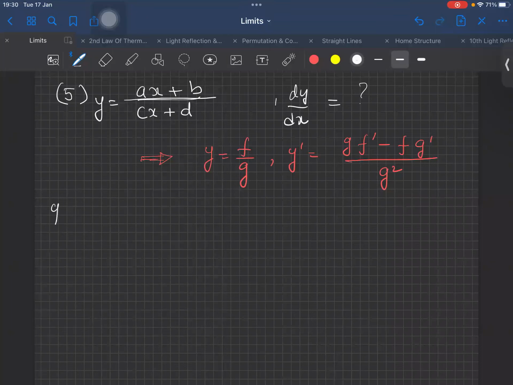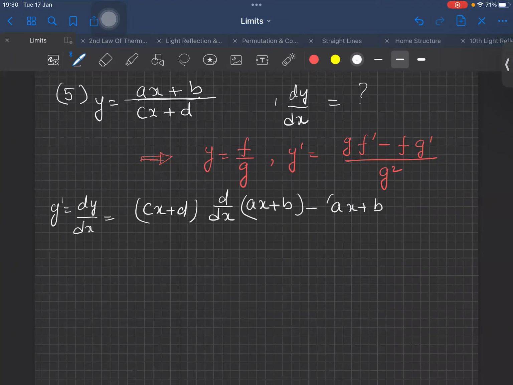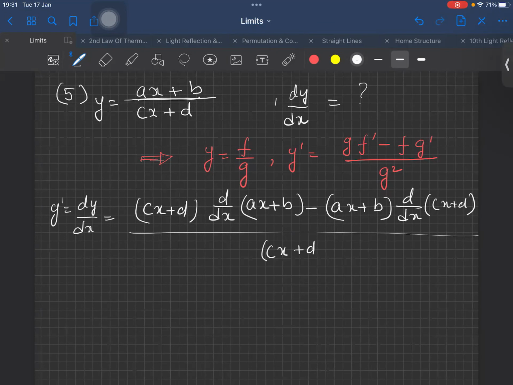See, y dash, which is dy upon dx, will be equal to the first function, cx plus d, multiplied by the derivative d upon dx of the first function, that is ax plus b, minus ax plus b into the derivative d upon dx of the second function. Which one is the second function? The denominator, cx plus d, whole divided by g square, that means cx plus d whole square.